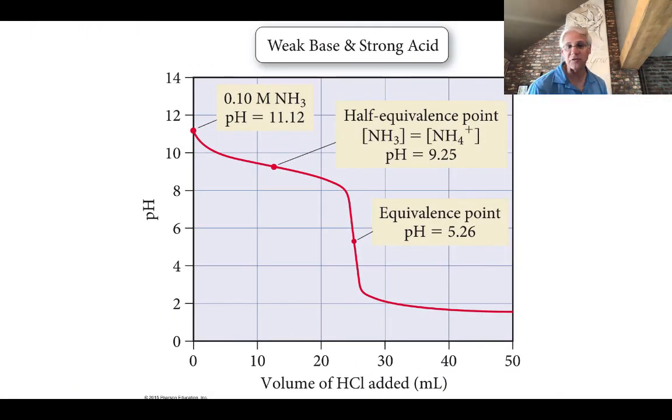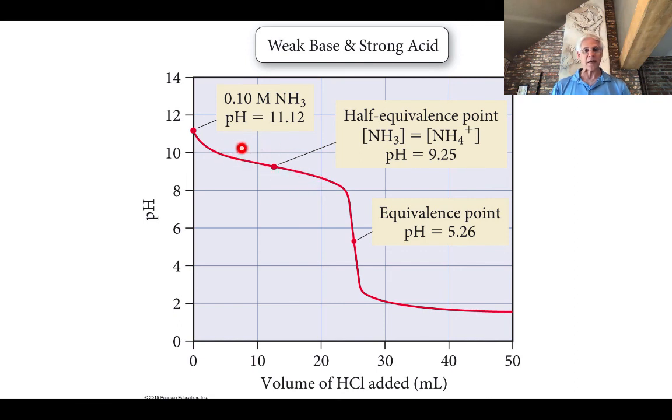And so here's an example of what a weak base, strong acid titration would look like. If we have just NH3 to start, notice it decreases very rapidly. We have that very steep slope until we get into the buffer region, and then the slope decreases quite a bit because the pH stops changing.